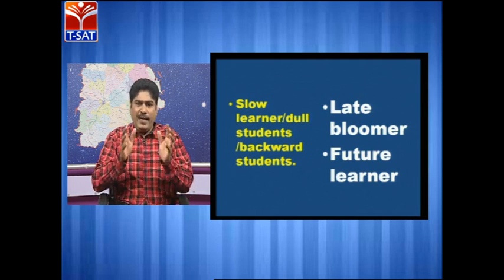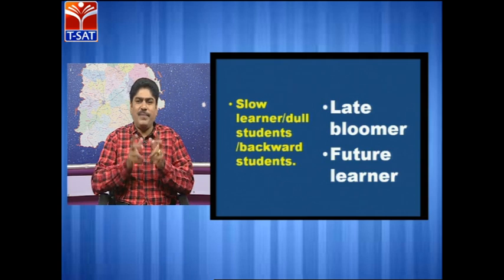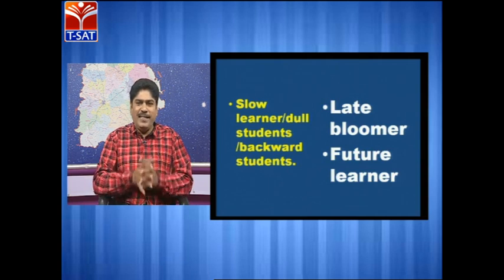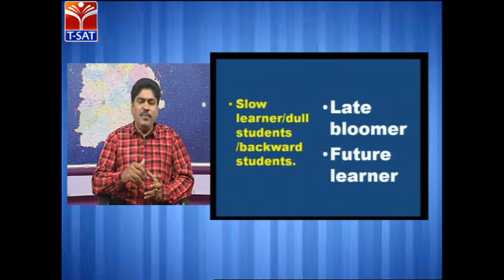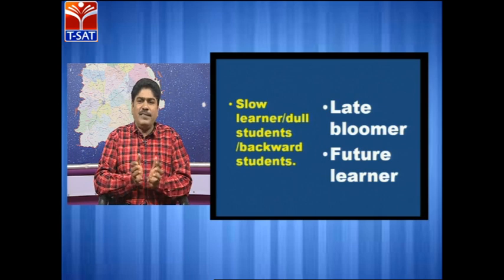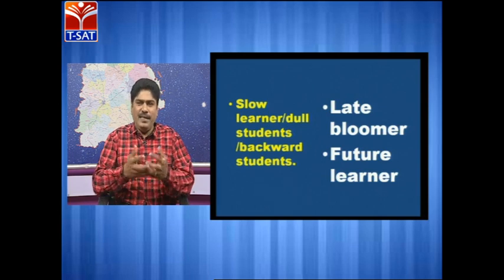That is why in our classroom you come across two types of students. Some are present learners, they follow your instruction. Some should be labeled as future learners because they need some more support and they can learn in future.